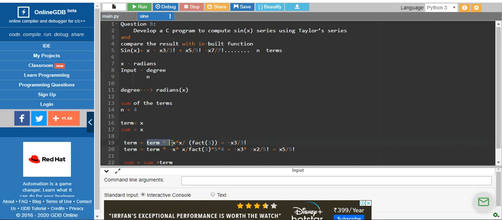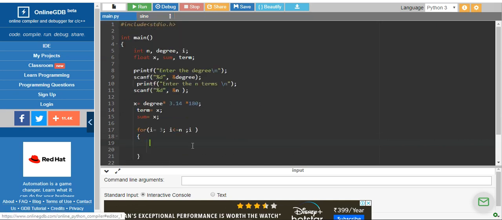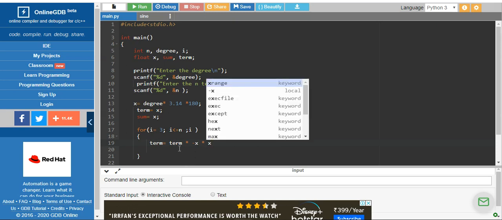What is the equation that we discussed here? Term is equal to, so we have only 2 lines of statements to evaluate this equation. Term is equal to the previous term. What was the previous term? It is x currently, into minus x star x.